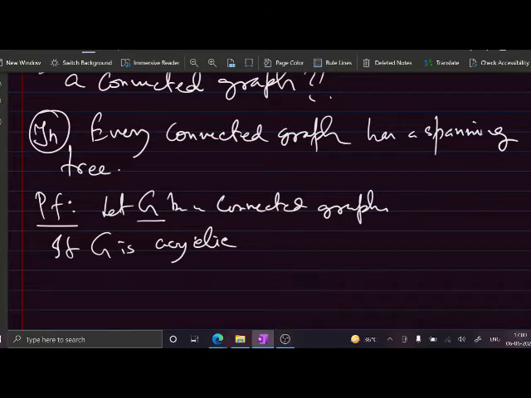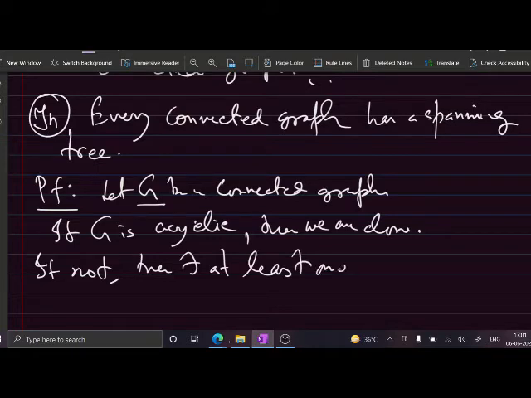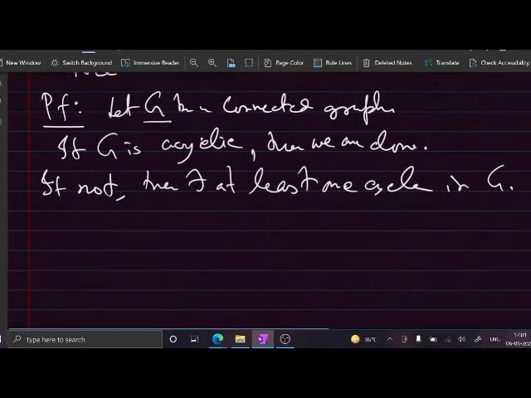So if G is acyclic, then we are done. But if not, suppose it is not acyclic, then there exists at least one cycle in G, right? So you can find the cycle of the graph.